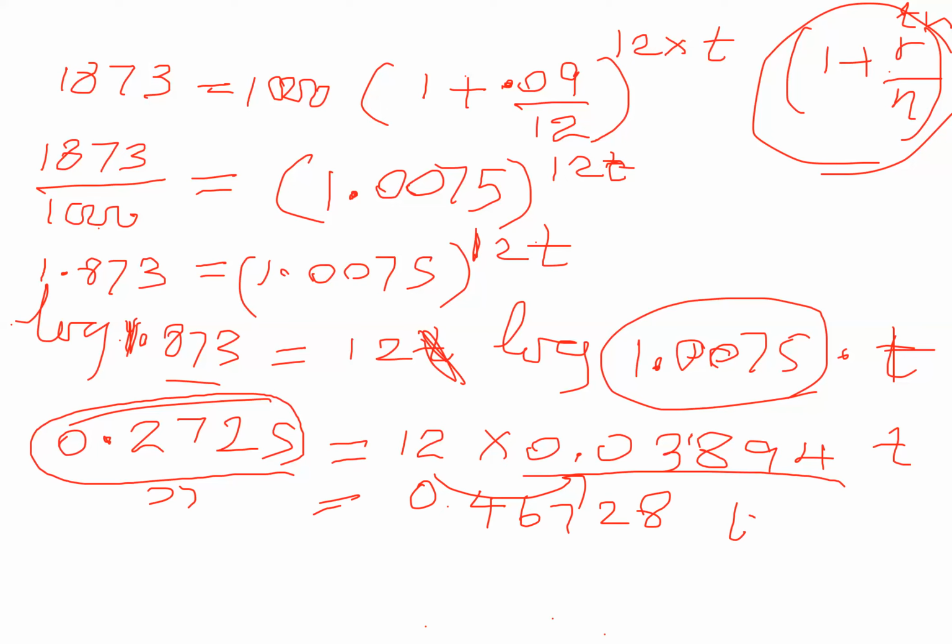Then t equals, you need to divide the other side value. That means you need to divide 0.2725 by this value, 0.46728. Okay.